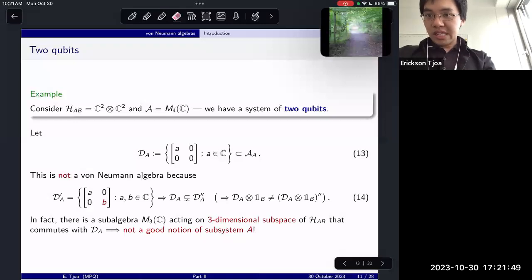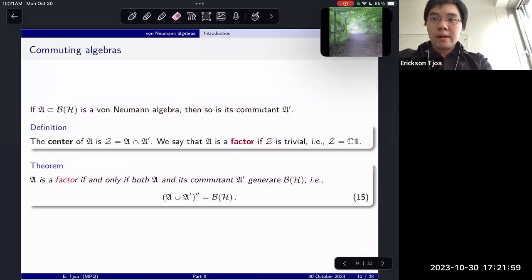Okay, so this example is more like a counterexample. Convince yourself that running through this kind of example will allow you to think about how to do bipartitions. But more importantly, to understand von Neumann algebra, we really need to consider the building blocks of von Neumann algebra, which is called a factor. The way to think about it is the following.